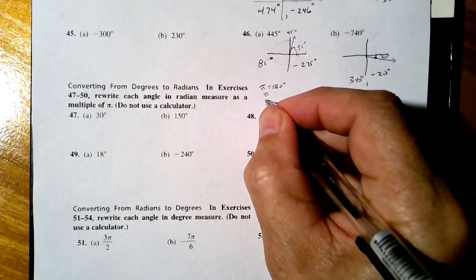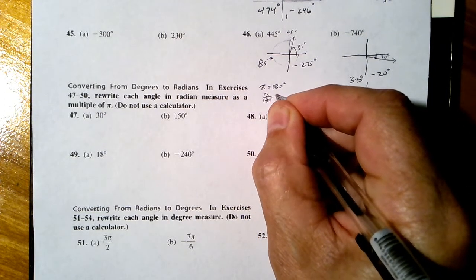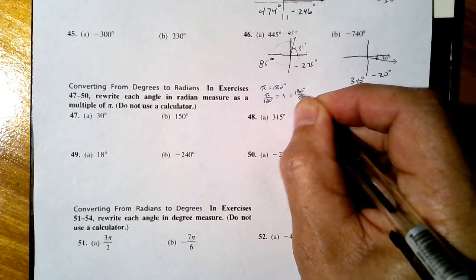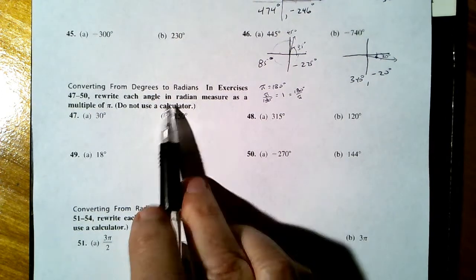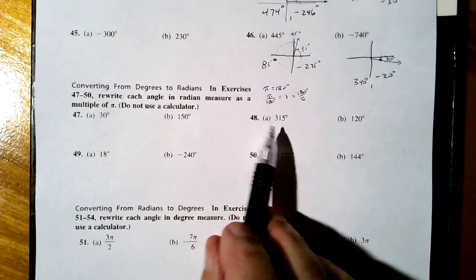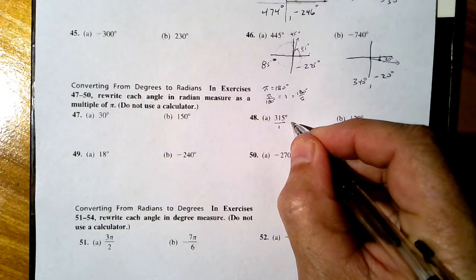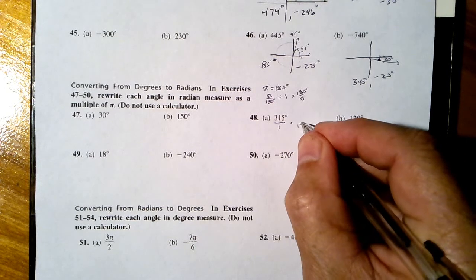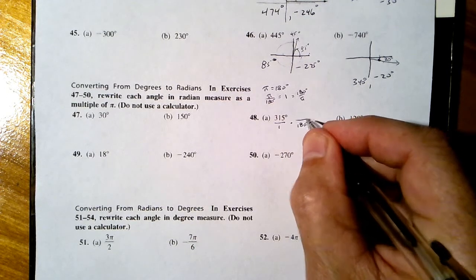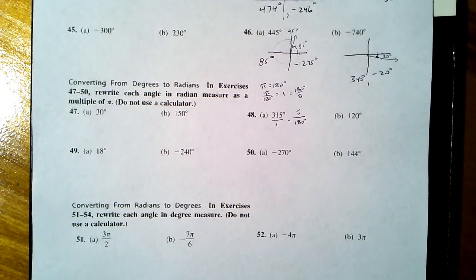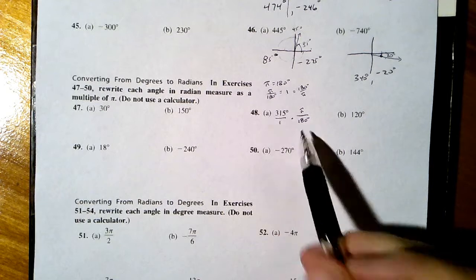Therefore, pi radians on 180 degrees is 1, and so is 180 degrees on pi. And if we're going to convert to radian measure, we want to cancel degrees, so we could go times, cancel degrees, 180 degrees underneath pi. I'm just multiplying by 1. And then we could reduce 315 and 180.